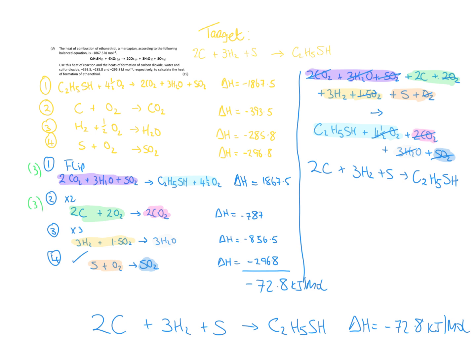So for flipping, multiplying by 2, multiplying by 3, and keeping the same, you got 3 marks there. And then your final 3 marks was for your final answer with your full equation as written at the bottom of the screen. So that is a few exam questions for you to help you with thermochemistry.